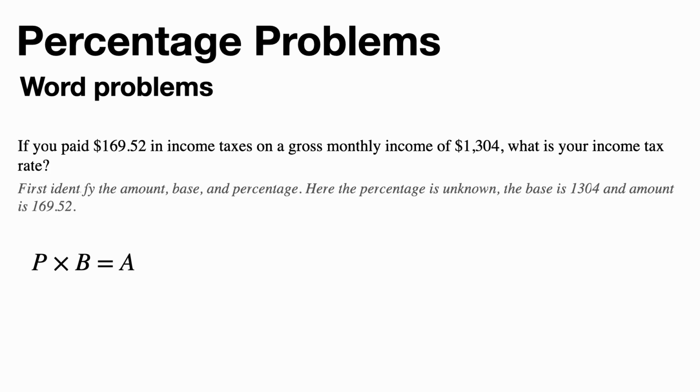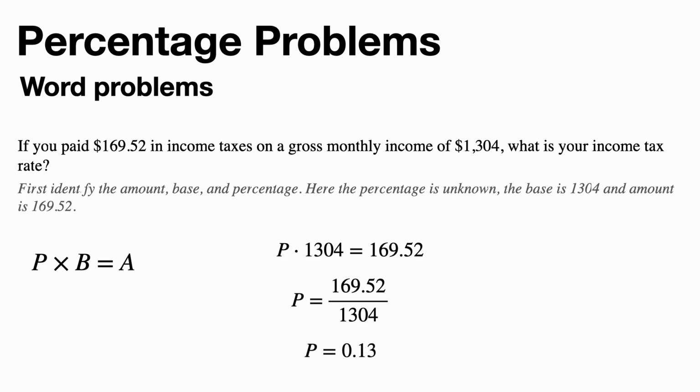So that's letting me know that that is the base. Okay, so the 169.52, that is the amount. So I set up my equation, percentage times base equals amount. I can divide both sides by the base, which I've done here. I find 0.13, that's 13%. So we paid 13% in income tax.